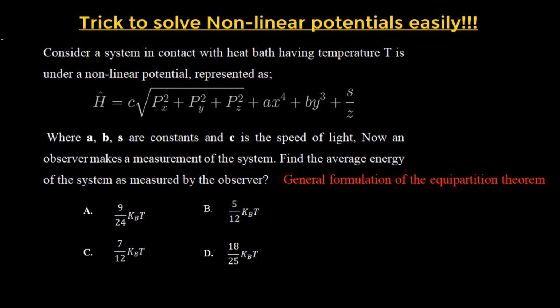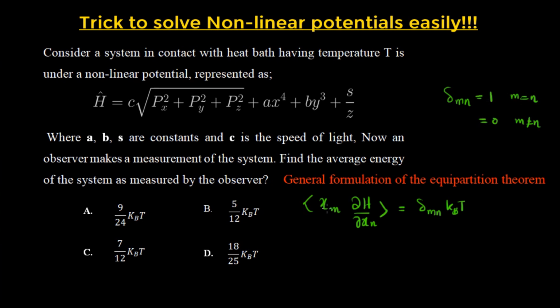For any system, with any canonical coordinates or phase space variables, you have this formalism: the average of x_m dH/dx_n equals delta_mn k_B T, where delta_mn is the Kronecker delta, equal to 1 when m equals n and 0 when m is not equal to n.